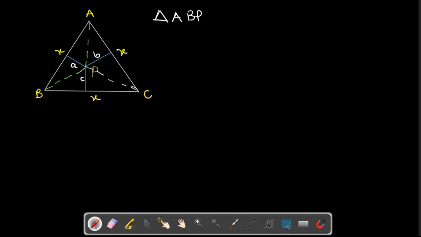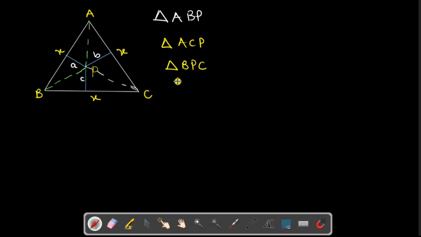Then we have another triangle, ACP, and finally another triangle BPC, or we can call it BCP.